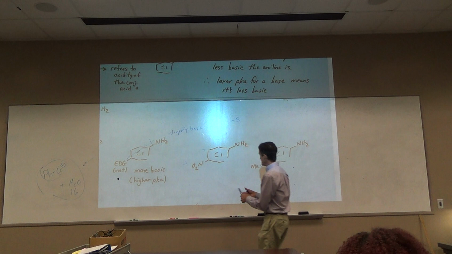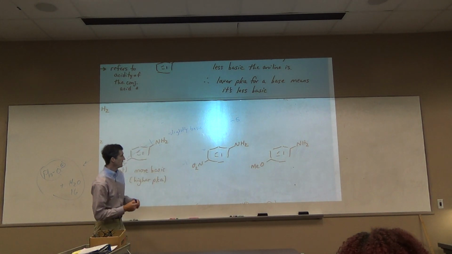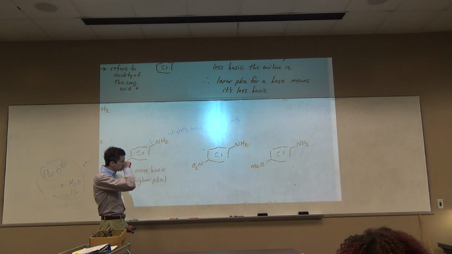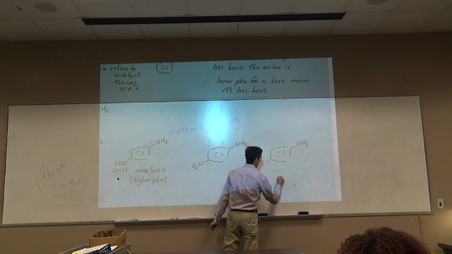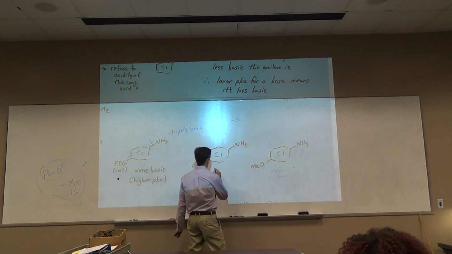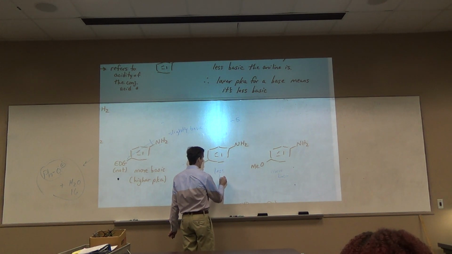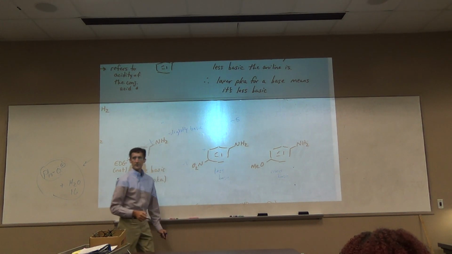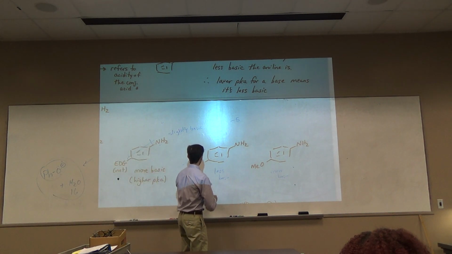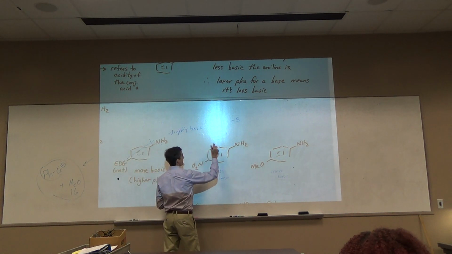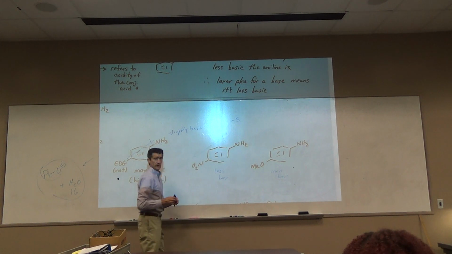Which one would you expect to be more basic of these two? This would be more basic, right? This would be less basic. Relative comparison. The stronger base of the two is this one, because the nitro group here is doing what? Really pulling the electrons.